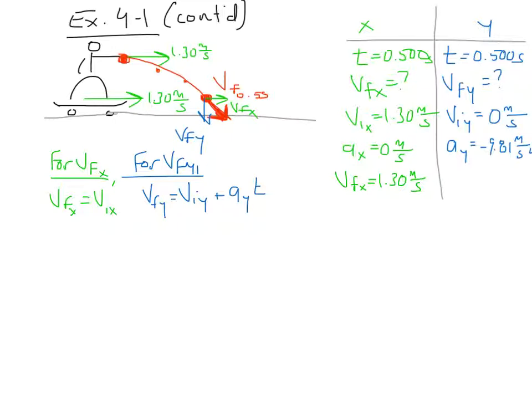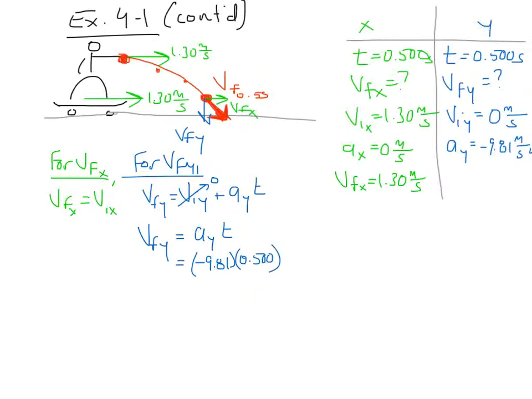Well, initial velocity in the y direction is 0, so that can go away. So the final velocity in the y direction is simply acceleration in the y direction times time. What is our acceleration in the y direction? It's negative 9.81 meters per second squared, and our time, of course, we're told is 0.500 seconds. I left the units out for the other one, so I'm going to leave the units out for time.